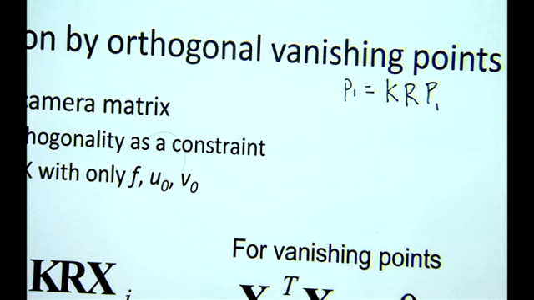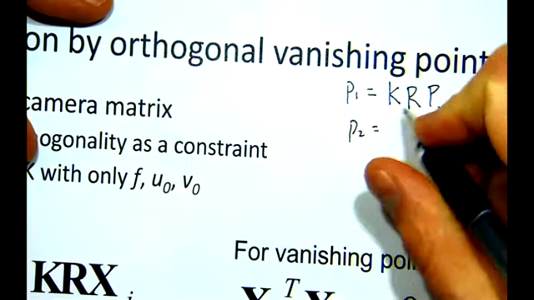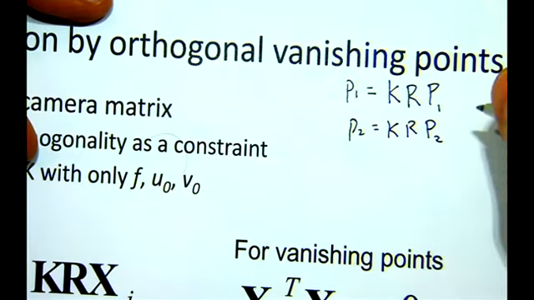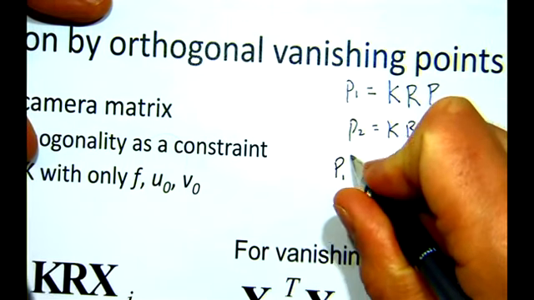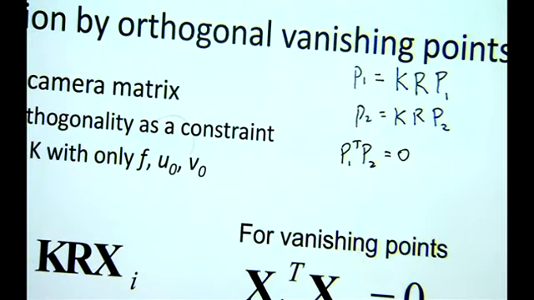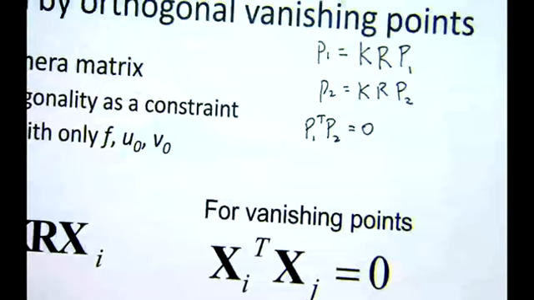We also don't know K and R, and for now, let's try to solve for K. Likewise, we have another one, little p2 equals K R big P2. And all we know is that P1 transpose P2 equals 0. If I wrote P2 transpose P1, I'd get the same thing, so it doesn't matter what order I do that. Now I just need to solve for P1 and P2 and then substitute and see what happens.